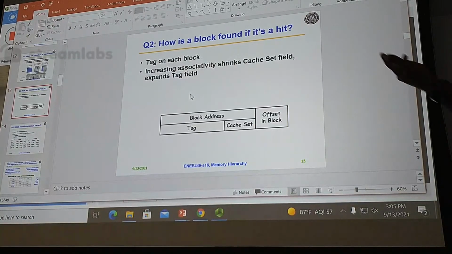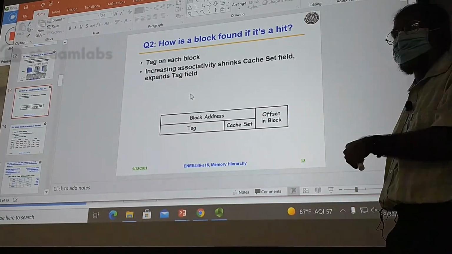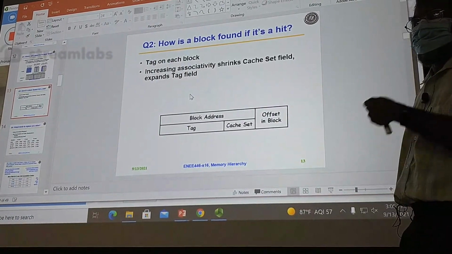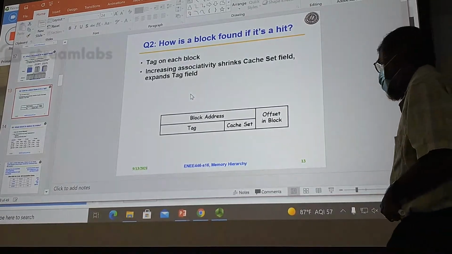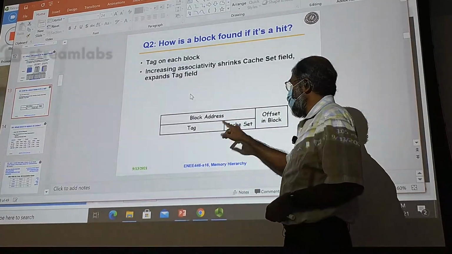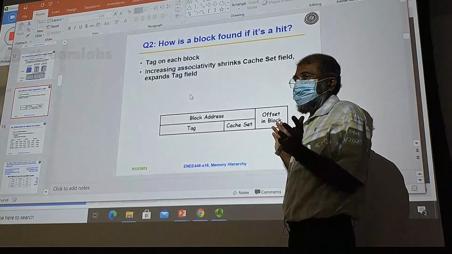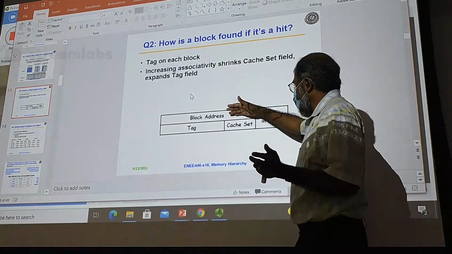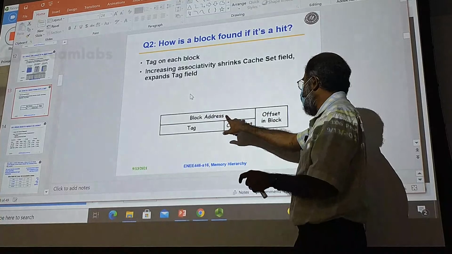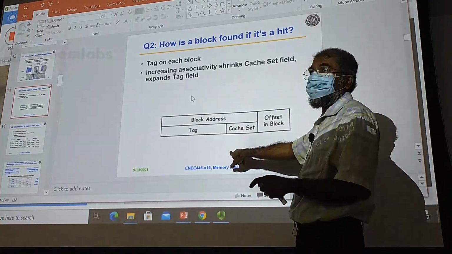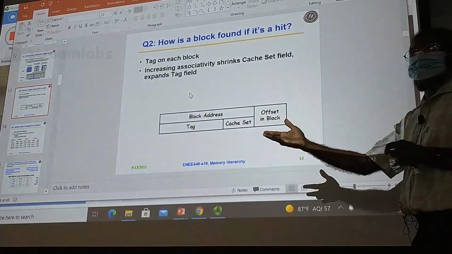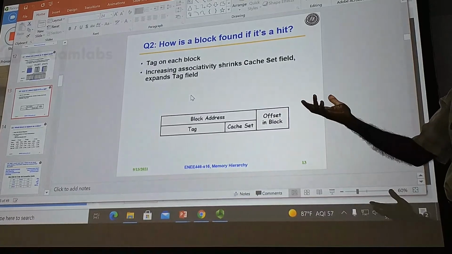So obviously there is no time to do division and all that. It has to be some simple technique. This does not take any time because the wires are coming and you route the wires. You just take this set of wires and you immediately get your cache set.